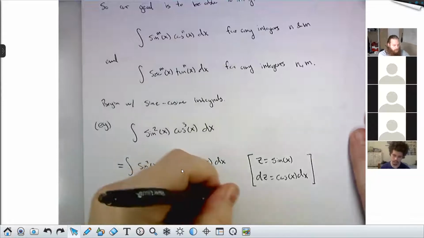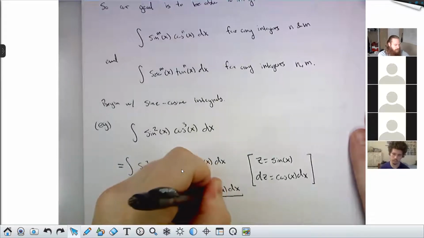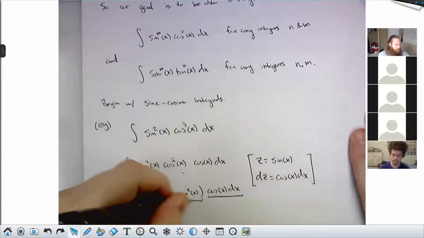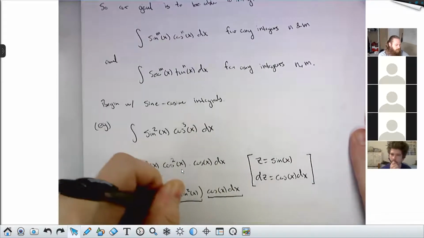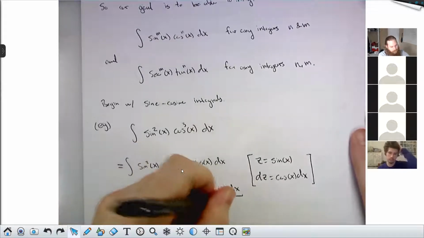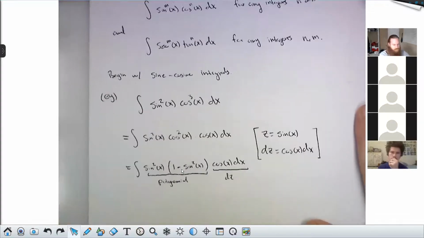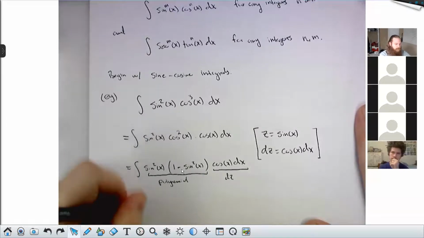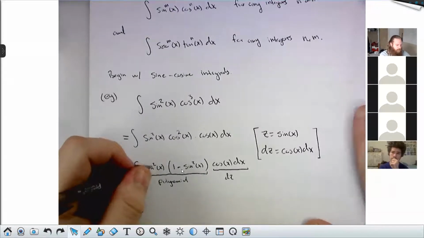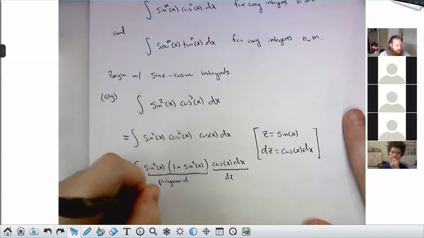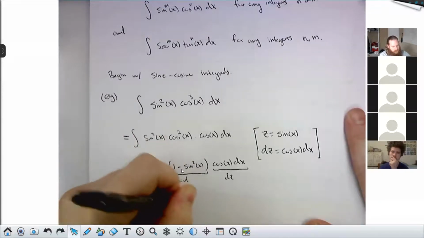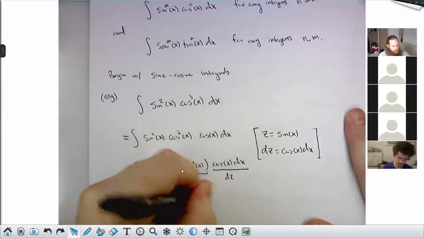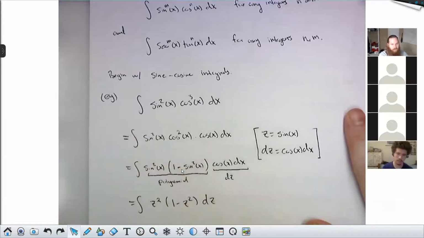Here's the miracle, right? This piece is dz, and this piece will be a polynomial. And polynomials are easy to integrate. Specifically, if z is sine x, then sine squared is z squared. And 1 minus sine squared is 1 minus z squared. And cos x dx is dz.